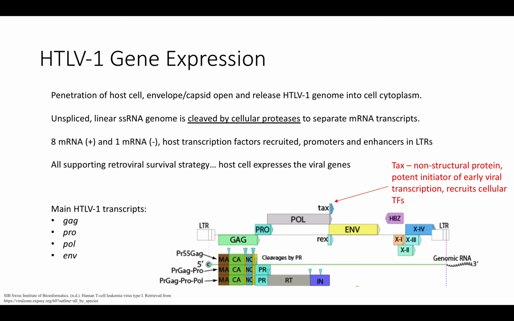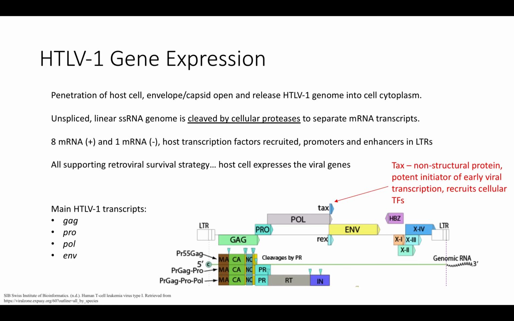as seen in the picture, and remember that once the virus penetrates the host cell, the envelope and capsid release all the contents into the cytoplasm of the host cell. And for HTLV1, one of the 6 non-structural accessory proteins is called TAX. TAX recruits host transcription factors and other cellular proteases, and these cleave that one long single-stranded RNA genome into separate mRNA transcripts.